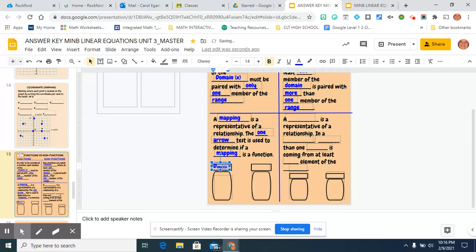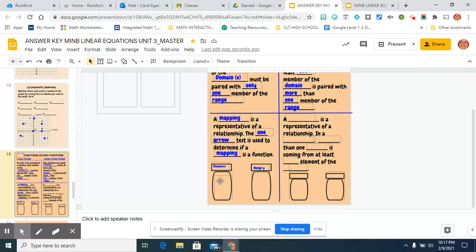Okay, so domain x, and the range y. So one box is going to have all of our elements of the domain. The other box will have all our elements of the y.